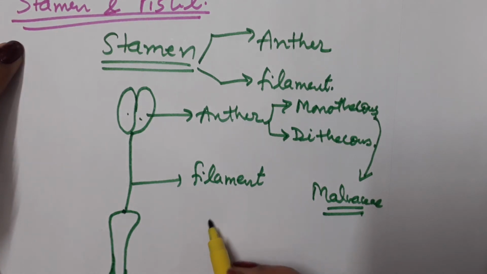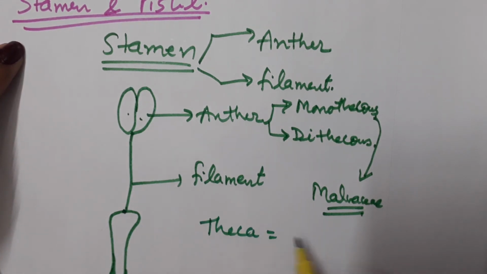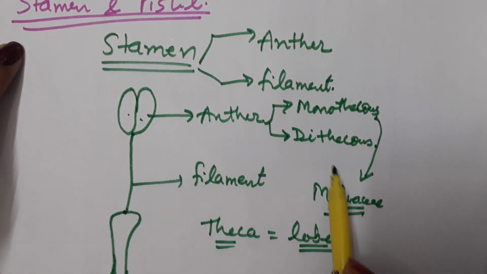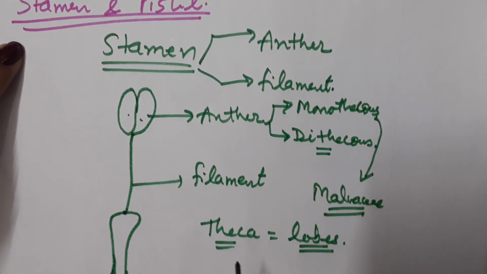I am using the word theca. Theca represents the lobes. So if two lobes are present, it means two thecas are there. Then the anther is dithecous, which usually occurs in nature. If one lobe is there, it means it consists of one theca and it represents the monothecous condition of the anther, as in the case of the Malvaceae family.